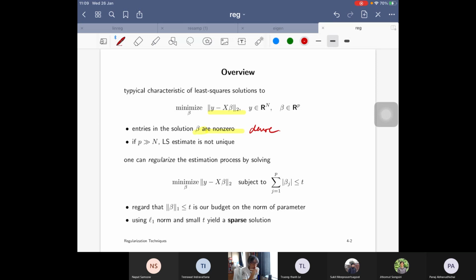We also have results in the scenario that P is much bigger than N. P is the number of variables, the number of predictors, and big N is the number of samples. When P is much bigger than N, how does your regressor matrix look? Tall, fat, or square?